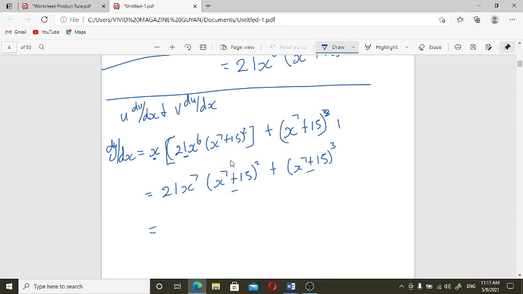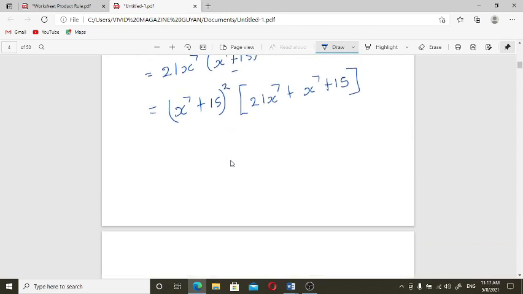This one is squared, which is lower, so (x^7+15)^2, and then in my next bracket now I'll have 21(x^7+15) plus this one times (x^7+15). And now working this out, you'd have (x^7+15)^2 of 22(x^7+15). Remember here just 21 plus 1, 22.